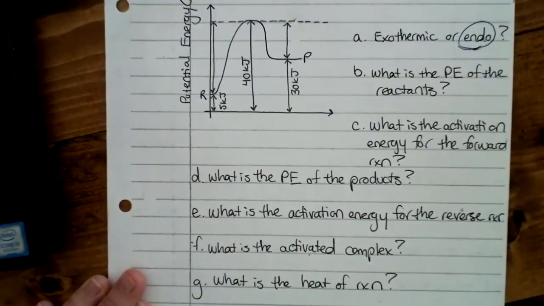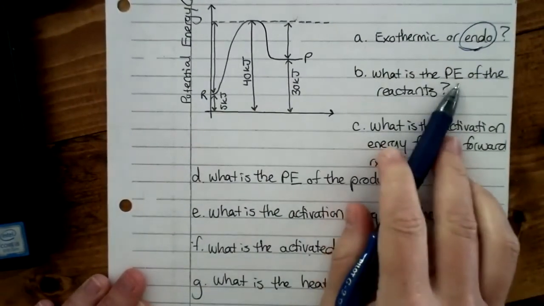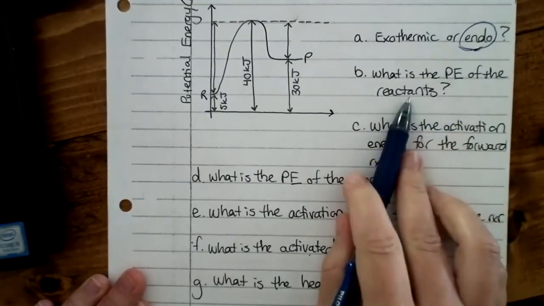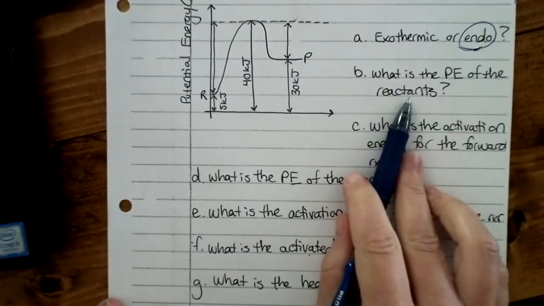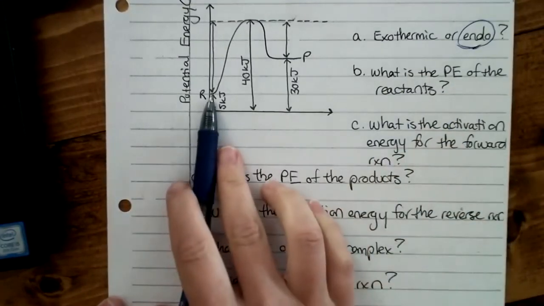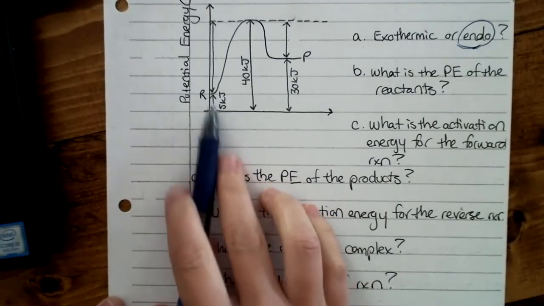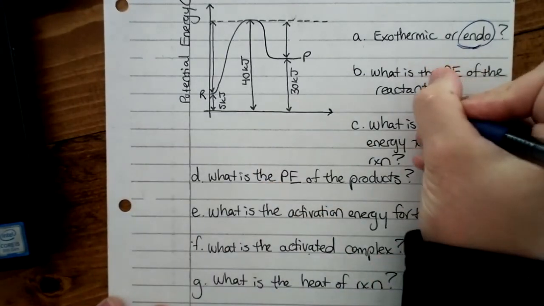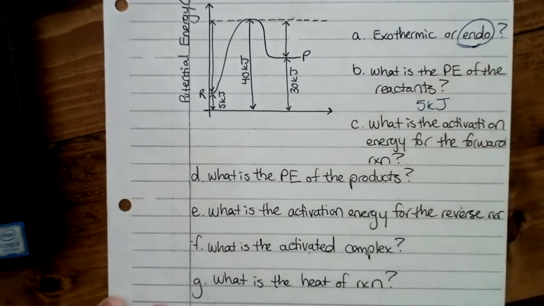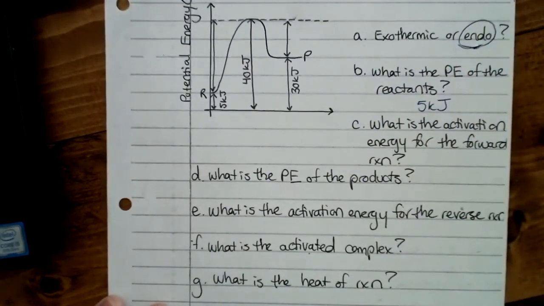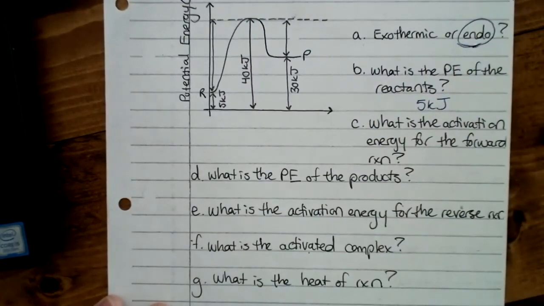All right, letter B, what is the PE, which stands for potential energy, of the reactants? In other words, how much energy did your reactants start with? They started with 5 kilojoules. Letter C, what is the activation energy for the forward reaction?